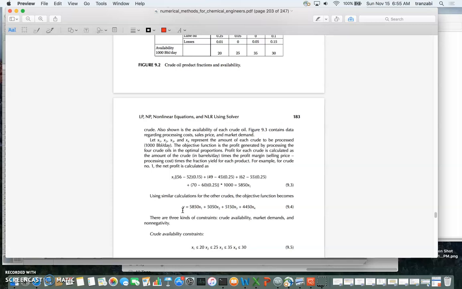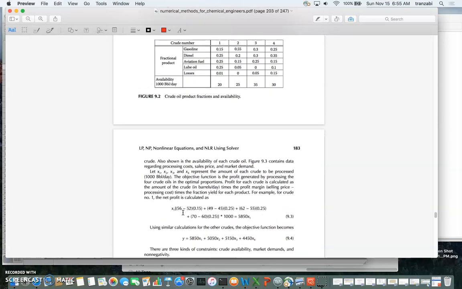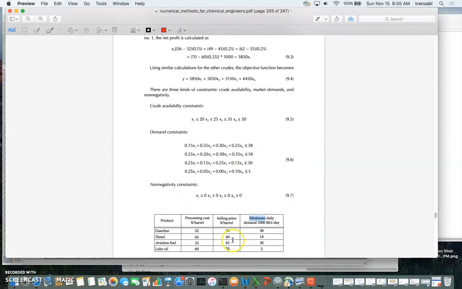What constraints do we have? Okay, first, the demand. If you look at this right here, this is the minimum demand by consumers, or by the clients, or the customers. They want a minimum of 38,000 barrels a day. So I have to meet that one.